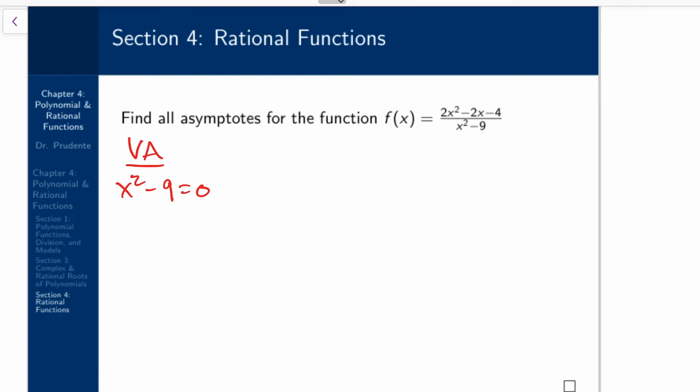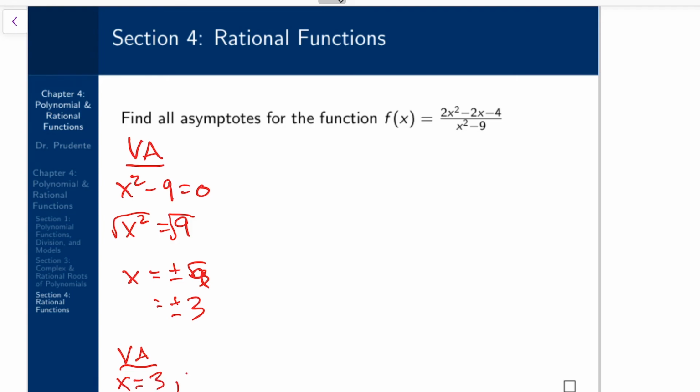So for example, I'll just say x squared is equal to 9, and I'll take the square root of both sides. But we want to remember from earlier, if I take the square root, I'll get a plus or minus square root of 9, which is plus or minus 3. So my vertical asymptotes are the vertical lines x equals 3 and x equals negative 3.